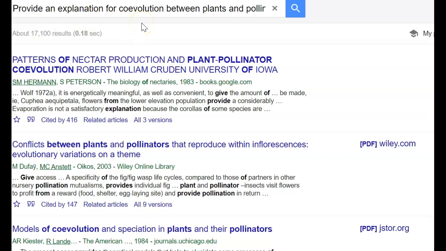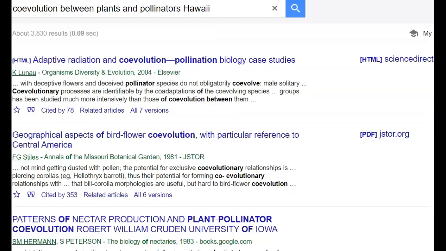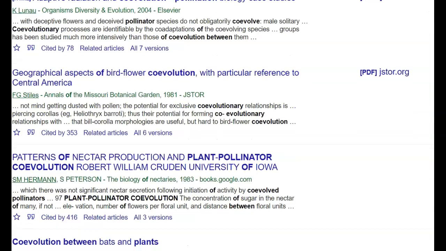So now let's pretend like we want to narrow it down from the learning outcome, right? So maybe we want to talk about coevolution between plants and pollinators, and we're really interested in Hawaii. Okay. So we've made some slight modifications to the search terms, but we still have 3,830 results.